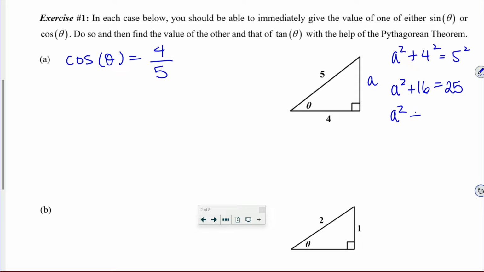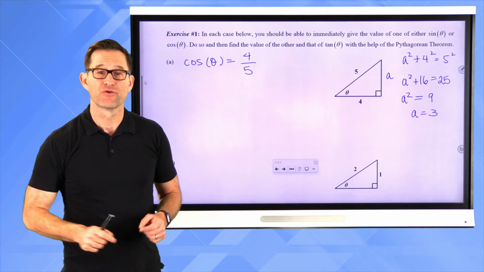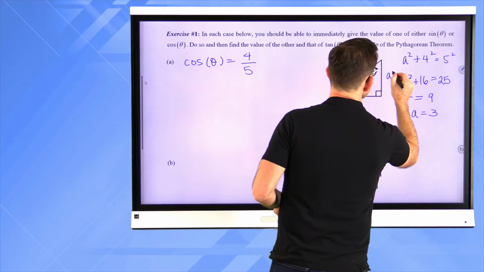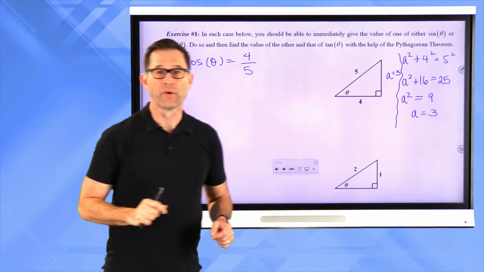A squared would be equal to 9, and A would be 3. Because this is the famous 3, 4, 5 Pythagorean triple. I'll just put a little 3 there so that we can really see it.